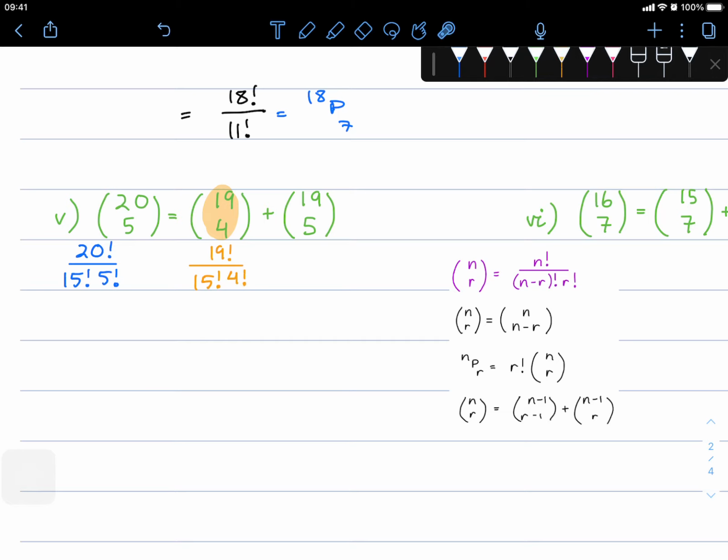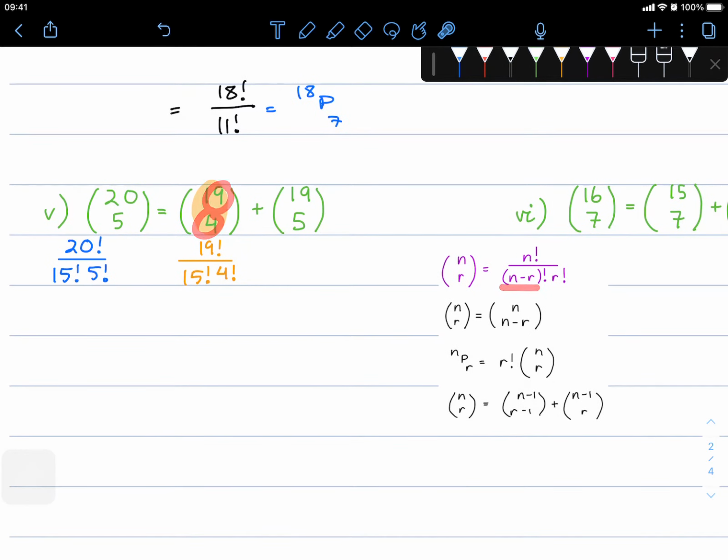I'm always going to point out that definition there again. So there's that 19 factorial, n minus r, so that's 19 take away 4, 15 factorial, times that r factorial. And we're done with that first one.